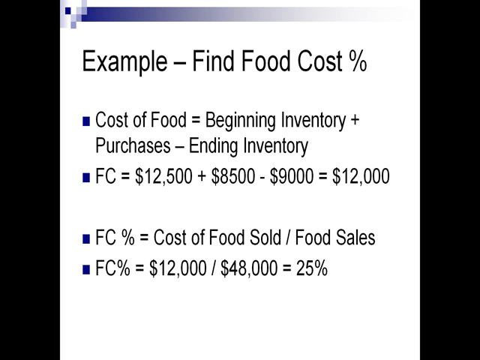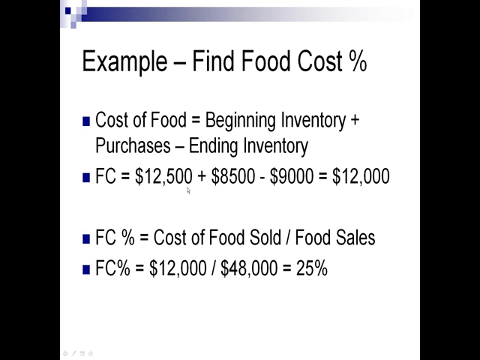So if we look at this example, first off we have to figure out the cost of the food that we went through. So our food cost: our beginning inventory, we started with this. We add in what we bought, and then we subtract out what's left over. So we started out with $12,500 worth of food. Through that week, we bought $8,500 worth. And then when we did inventory the next week, we had $9,000 still in inventory.